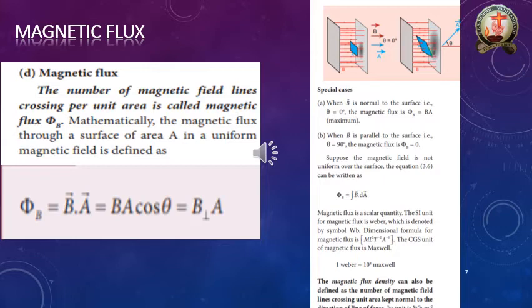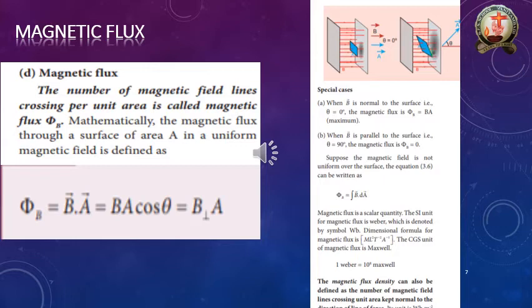In the place of electric charge, I am using magnetic field here. There it is the number of electric field lines, here the number of magnetic field lines, that is the difference. So please remember, the number of magnetic field lines crossing per unit area is called magnetic flux.